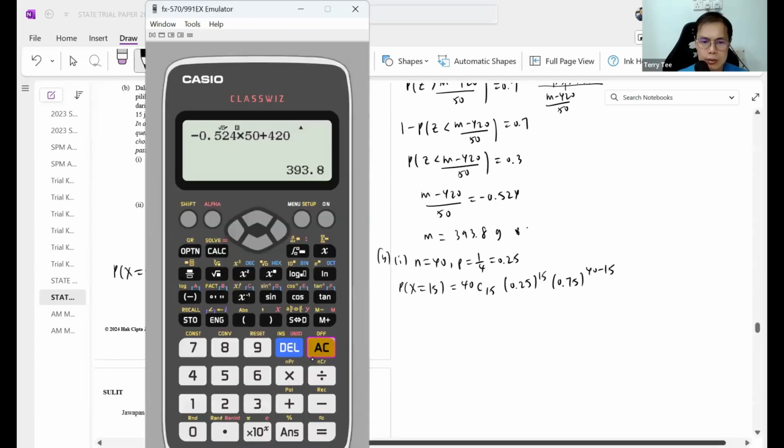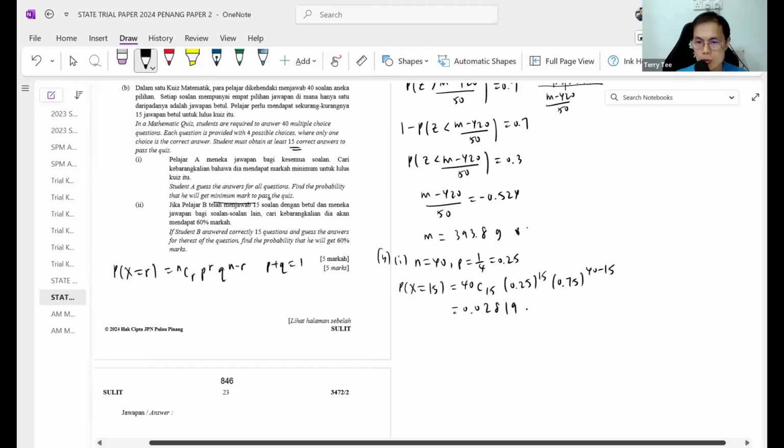There are two ways to calculate. One is the manual way, type in one by one: 40C15 times 0.25 power 15, multiply 0.75 power 40 minus 15, which is 25. I got 0.02819. This is one way.